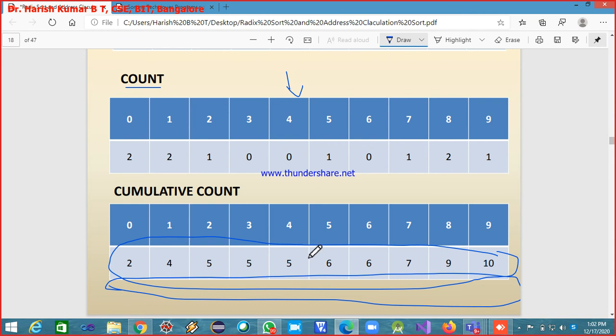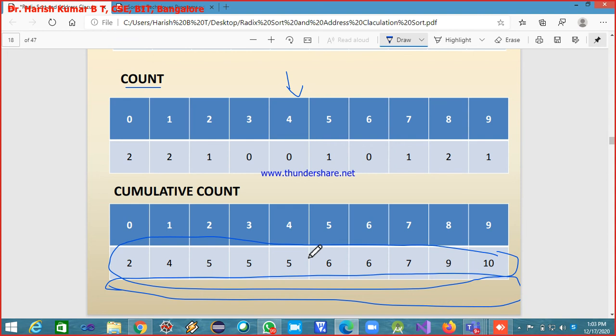So let me summarize what we did. The total number of iterations required is 3. In those 3 iterations, the first iteration we do by considering the element found at the ones position. Correct, right? So it is based on the digit which is present at the ones position.